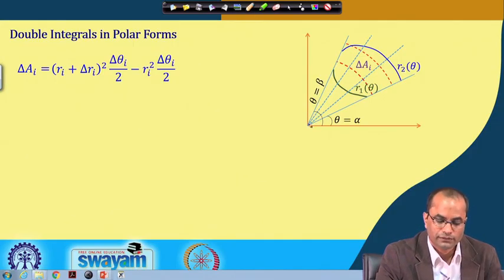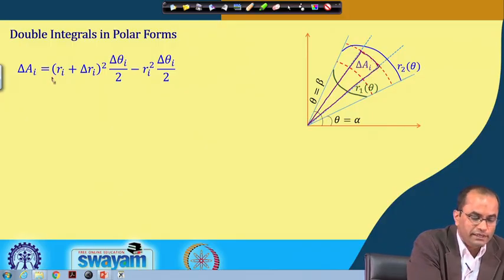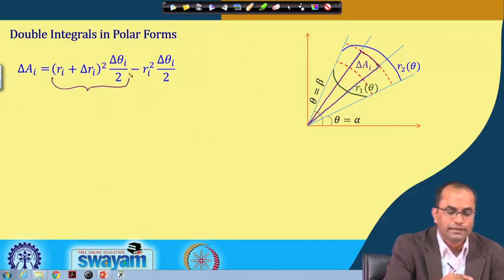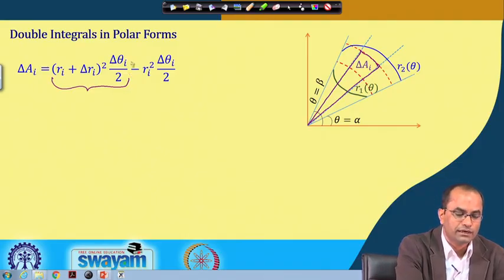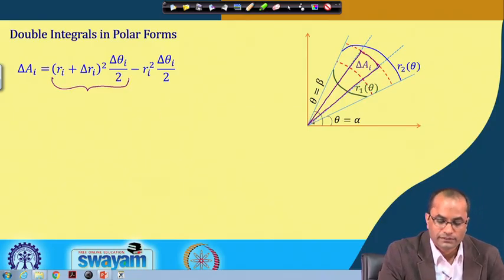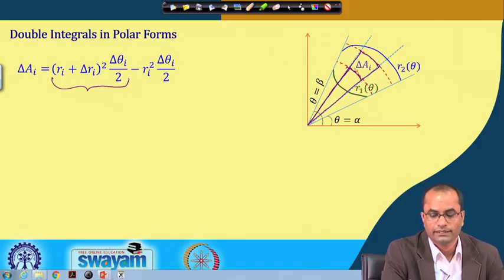So, we have this area, which is given by r I plus delta r I, because that is the radius, and the angle delta theta I, by 2, and minus we are subtracting the area by this one to get the area delta A I.